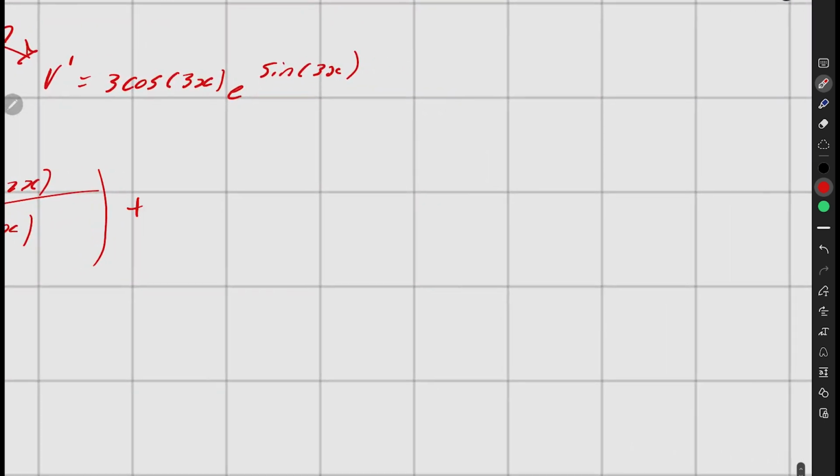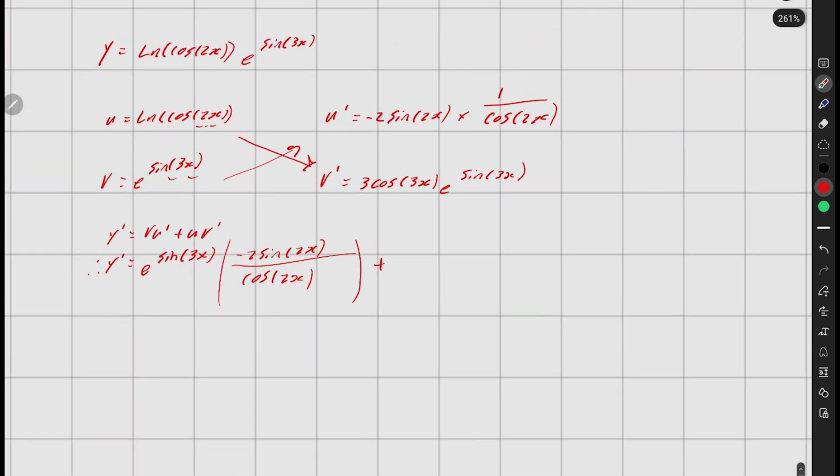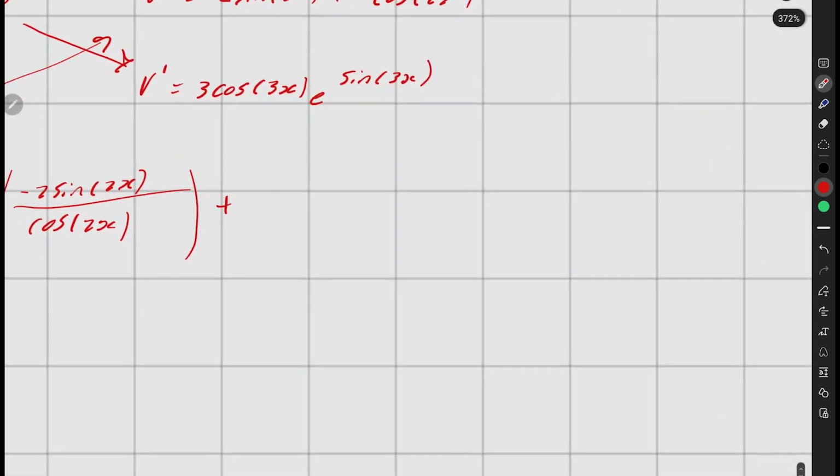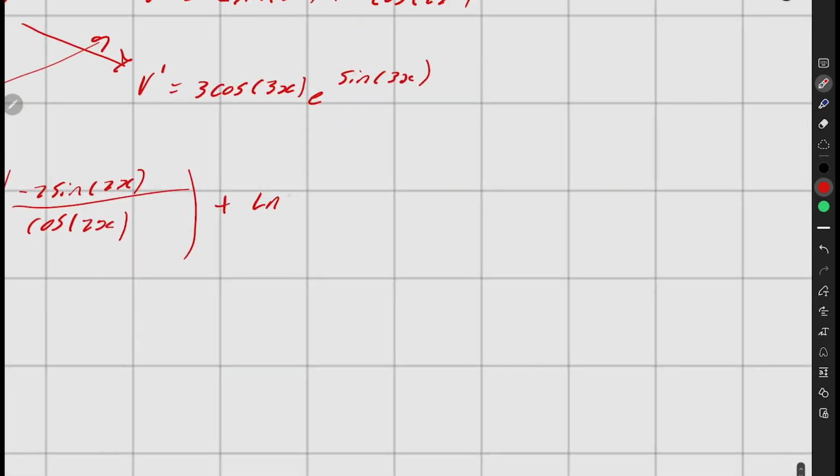Then we're going to be adding on u times v dash. So we know u is ln cos of 2x. So we're going to have ln cosine of 2x multiplied by 3 cosine 3x e to the sine of 3x.